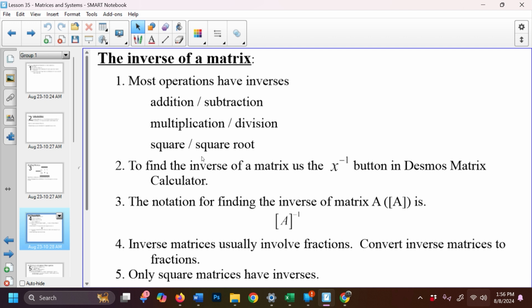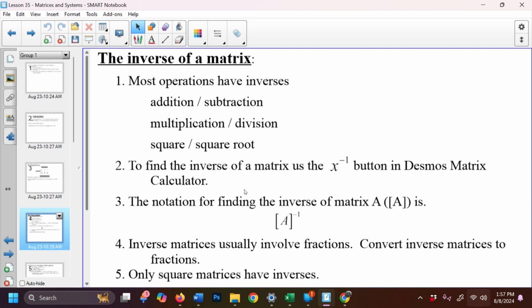So to find the inverse of a matrix, you're going to use this x, and it's not to the -1 power, it is x superscript -1, and that is a button unto itself, or you can put it in as if you were putting in a superscript using Shift 6 in the Desmos matrix calculator.